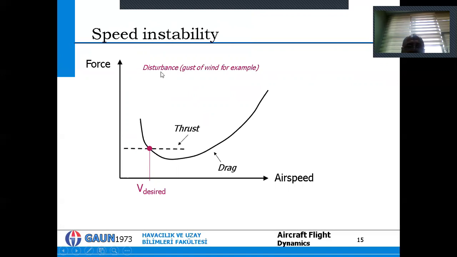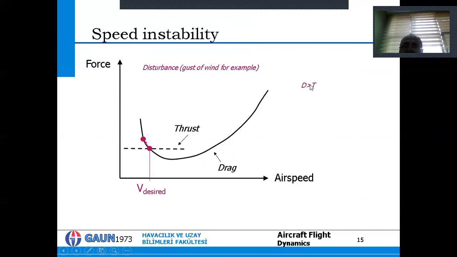So let's assume that there is a disturbance, for example a gust of wind. Okay, so what is going to happen? Maybe the speed, for any reason, for example if your airplane flies at 100 kilometers per hour, maybe it flies at 100 plus 0.001, even if it's very, very small, but it's less.